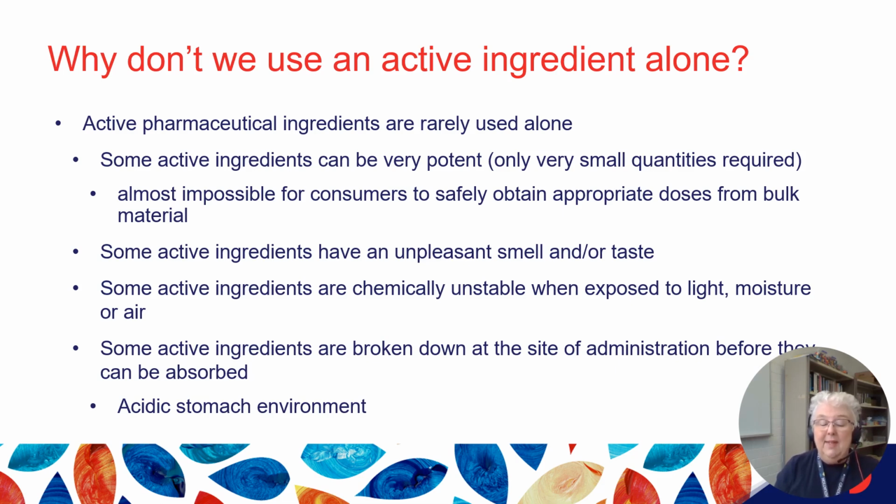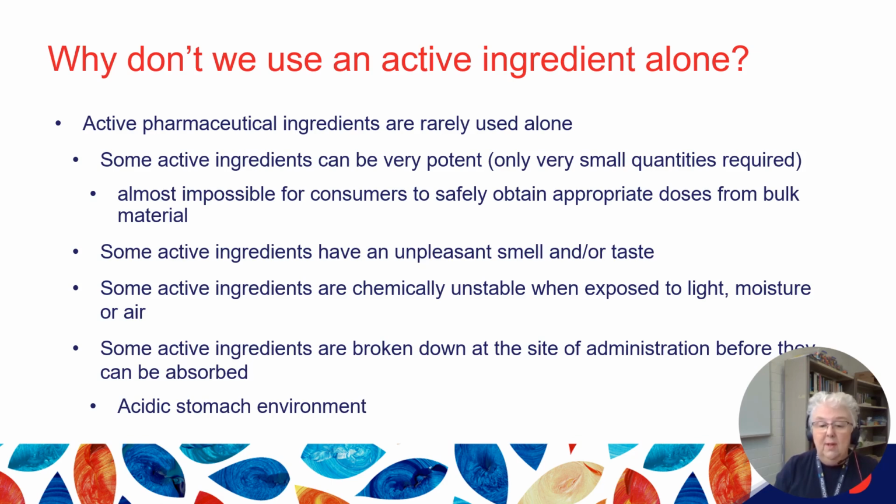Some active ingredients are chemically unstable and they might react with light or moisture or air. So by packaging it in a product that protects the active ingredient from those factors, it can last much longer. Some active ingredients are broken down at the site of administration before they can be absorbed.